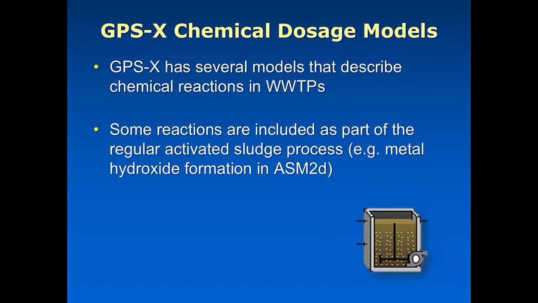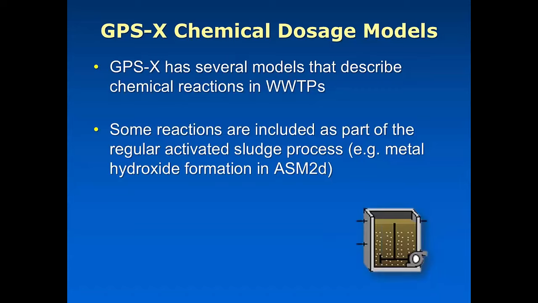So the chemical dosage models in GPSX are a little bit diverse. They're used and implemented in a couple of different ways. Many of the chemical reactions that are an important part of the activated sludge process have been included in the biological models in that matrix of process equations for quite a few years now.